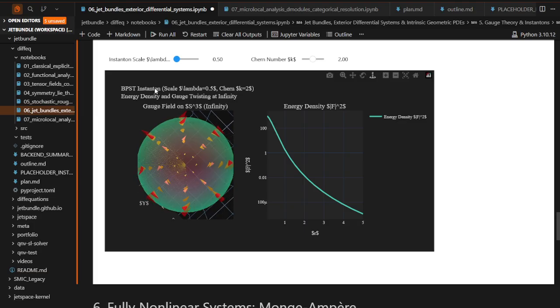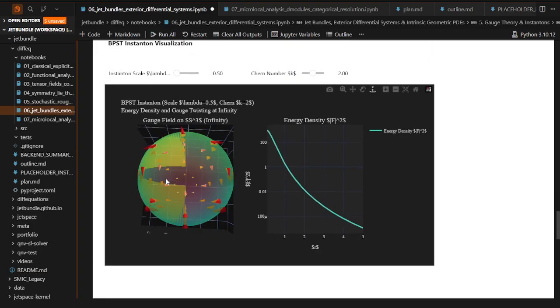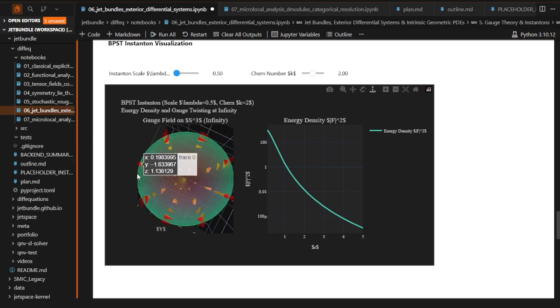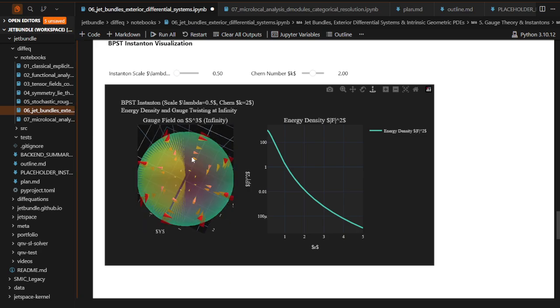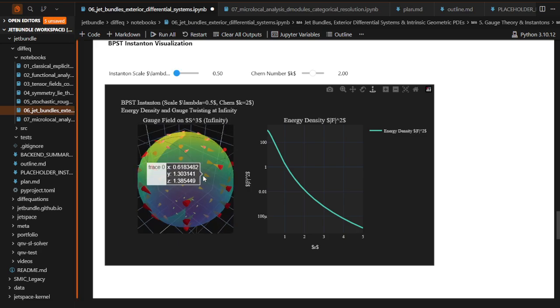And we can encode these gauge twistings at infinity on the sphere. It's the gauge field on the sphere at infinity.